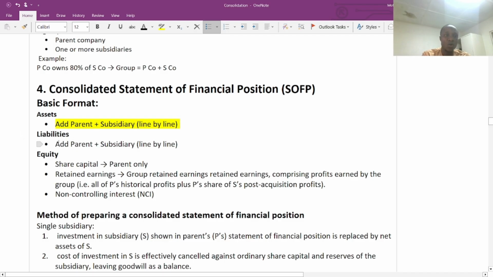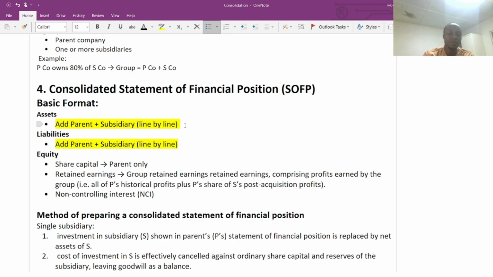The second point, all liabilities of the parent and the subsidiary should be added together on a line by line basis. For example, under the liabilities, we have the non-current liability of the parent and the non-current liability of the subsidiary. We need to add them together. If we have the payables, we need to add them together. Whichever liabilities we are going to talk about, we need to add the liabilities of both the parent and the subsidiary.